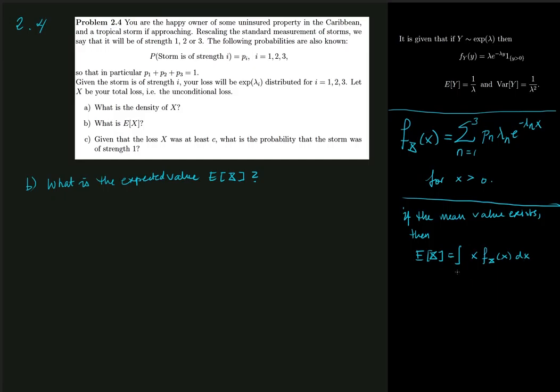Where we integrate from minus infinity to infinity, but in this case, since the density is only positive on the positive half axis, then we just integrate from 0 to infinity. So the expected value of x we can just find by using this formula.